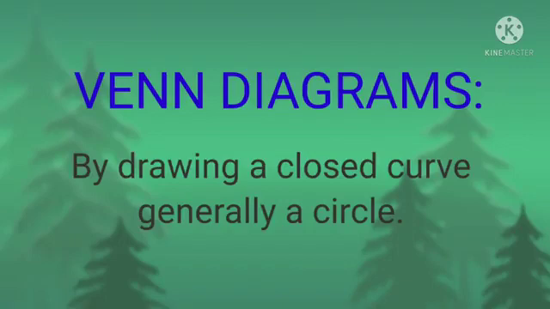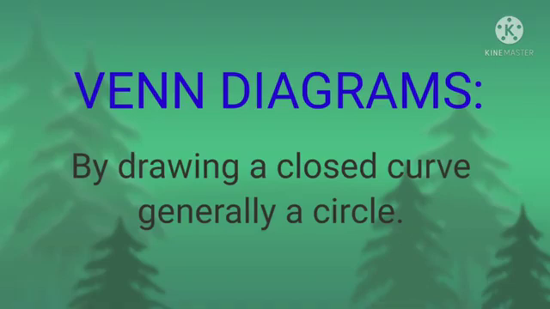Another way to represent a set is Venn diagrams. By drawing a closed curve, generally a circle, we represent a set. That means first we draw a circle. Inside the circle, we write the elements in that set. See the example A containing the elements 1, 2, 3, 4.